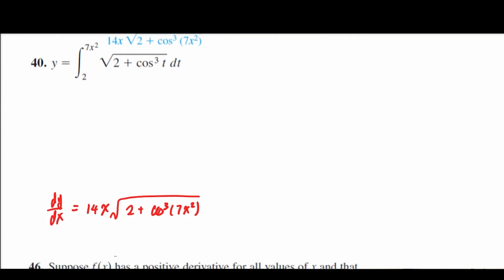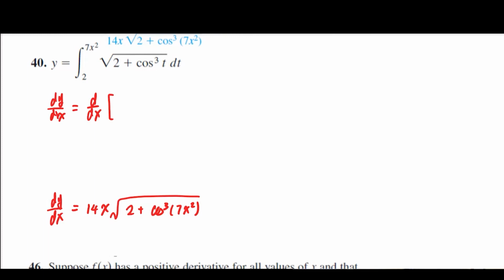Now, if you didn't get this, let's do it the long way to figure the whole thing out. So the long way is here. dy over dx is equal to, well, before we do dy over dx, shall we just evaluate this integral? Okay, so d over dx, and then I can evaluate this integral.